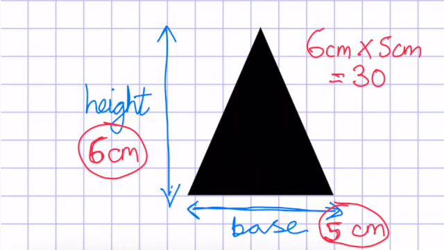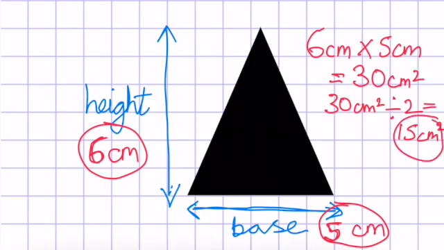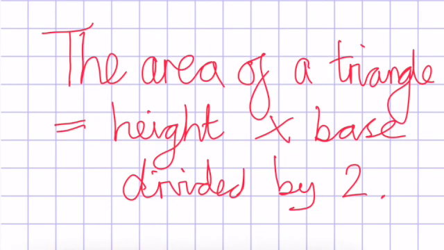And that's 30 centimetres square, but then we have to divide it by 2. So 30 centimetres square divided by 2 is 15 centimetres square. So the area of this triangle is 15 centimetres square. We've times the height by the base and we've divided it by 2. We've halved it. So there we are. The area of a triangle equals the height times the base divided by 2.